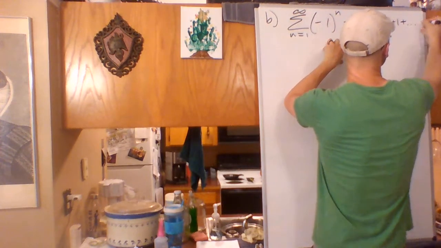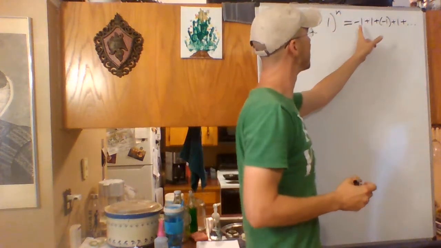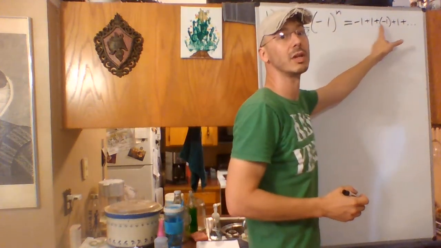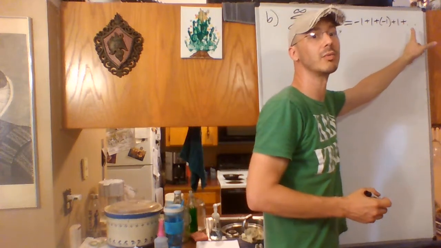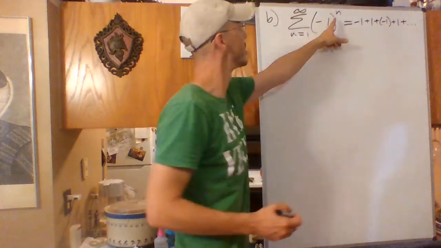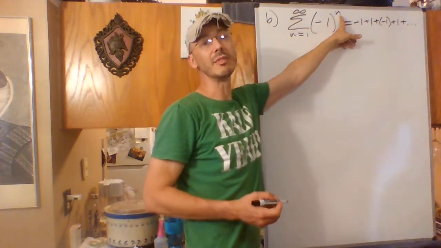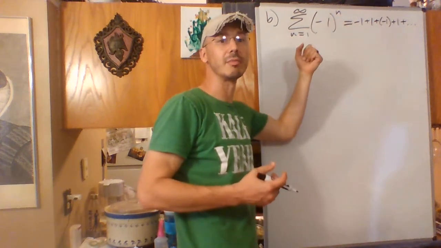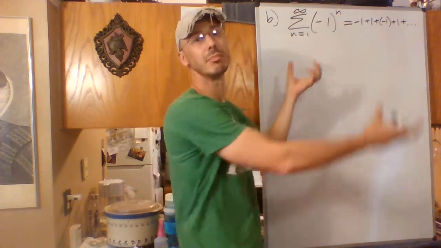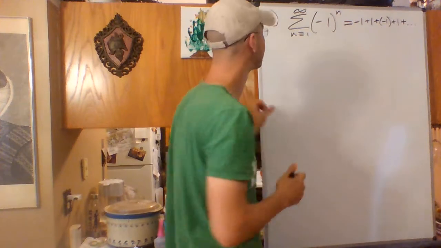And it really just goes on and on like that. I'm summing -1 and 1, and -1 and 1, just because of whether n is even or odd. I get -1 for n odd, 1 for n even.